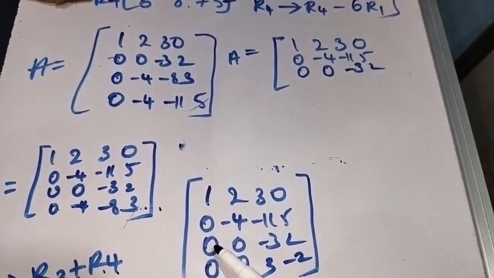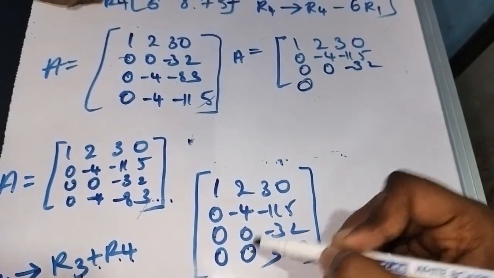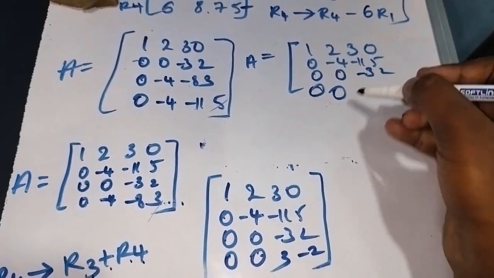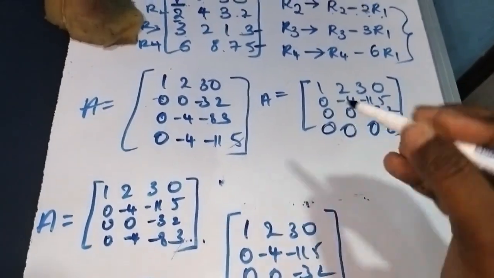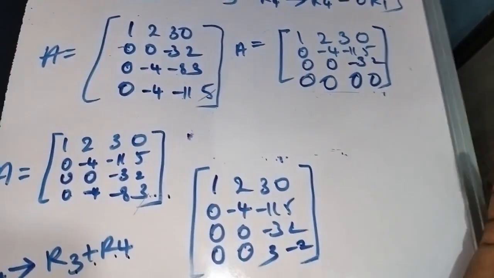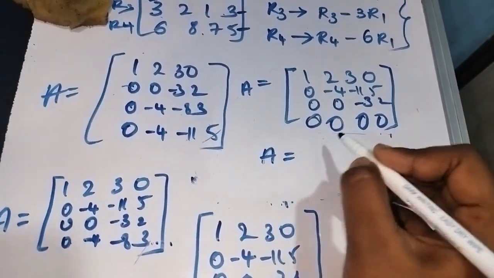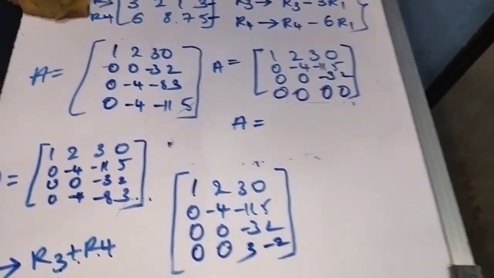So R3 plus R4: 0 plus 0 is 0, 0 plus 0 is 0, minus 3 plus 3 is 0, and 0. Unfortunately, all this row became a 0 row.